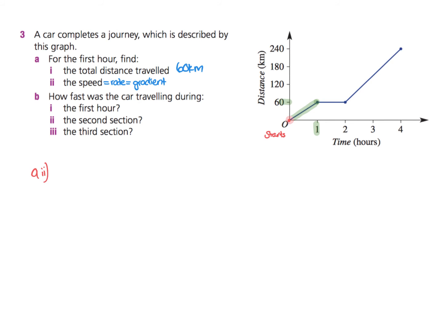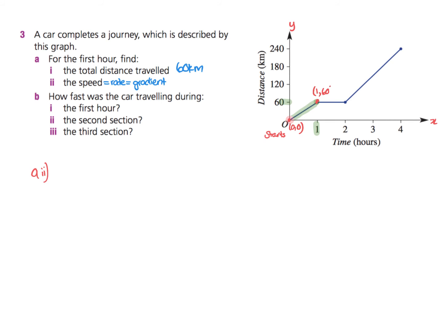The starting point on that green line is 0, 0. If I said this was x and this was y, what's the x value of the other point? Good, 1.